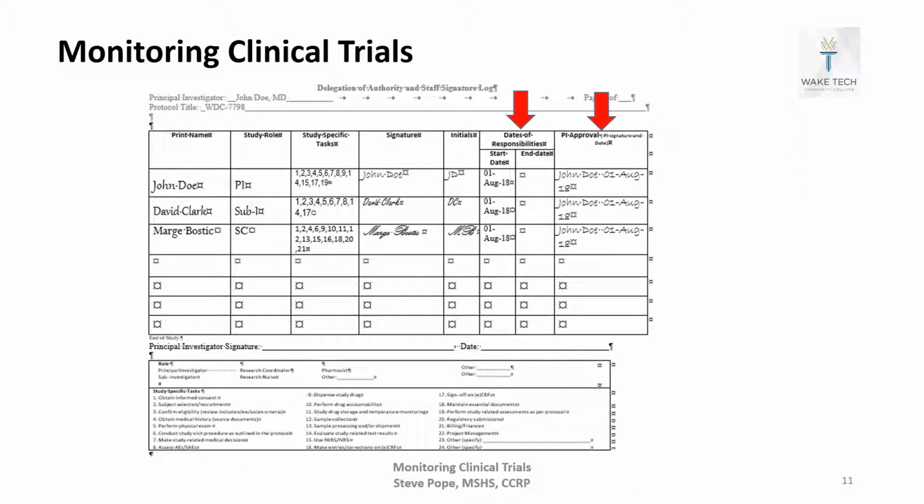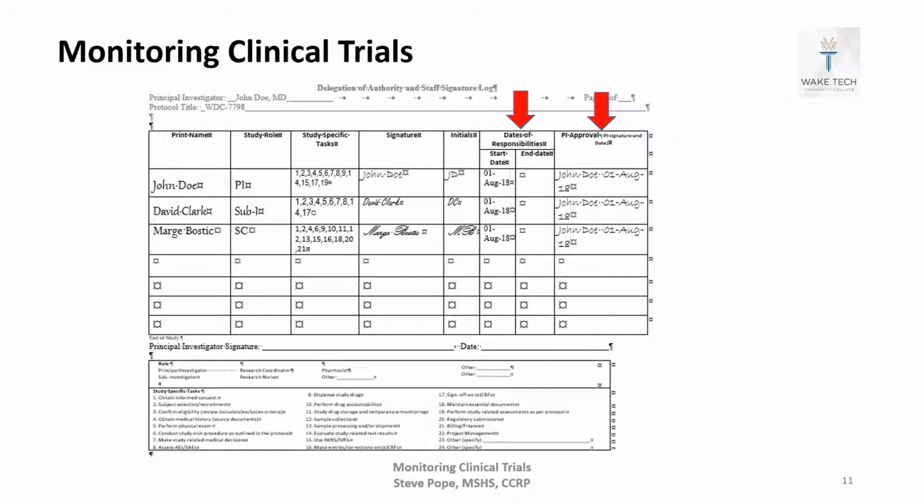So the next two columns that we see on our log are going to be the dates of responsibilities. So we see a column for start date and we see a column for end date. The start date is going to be the date in which the investigator delegated that task to the staff member.